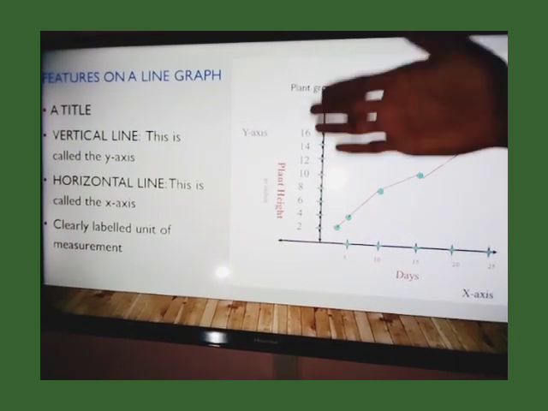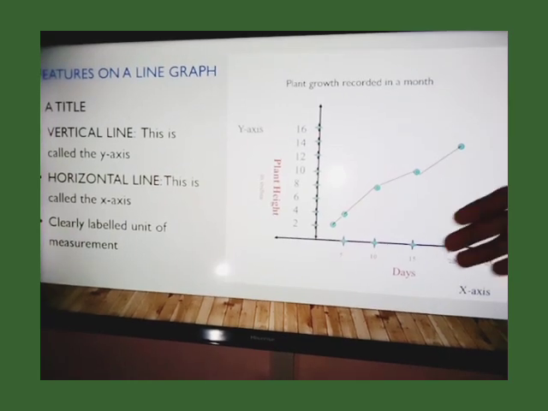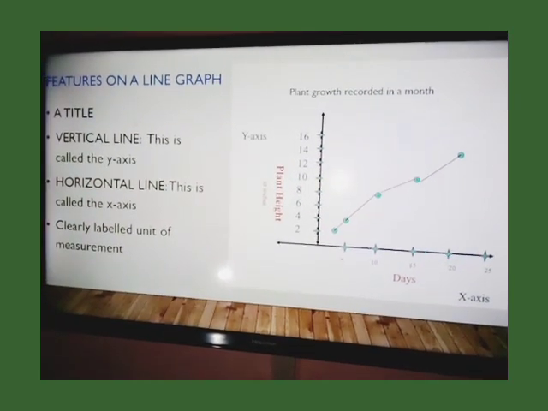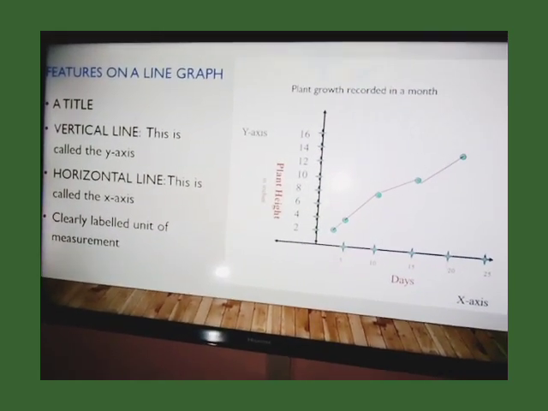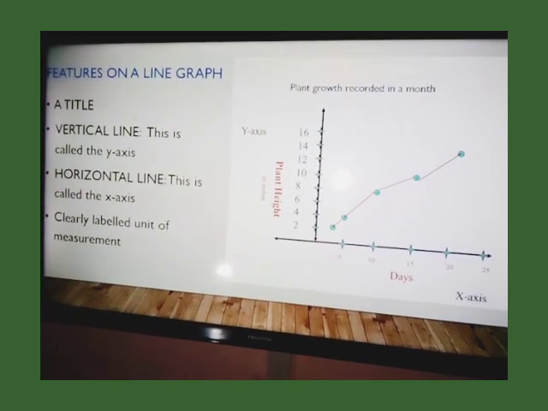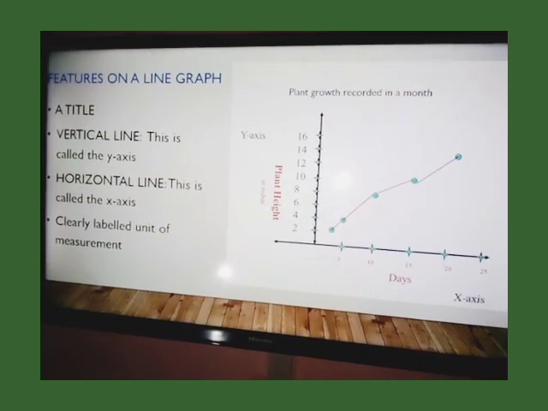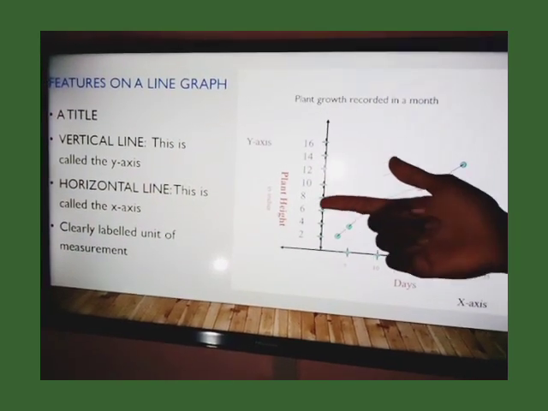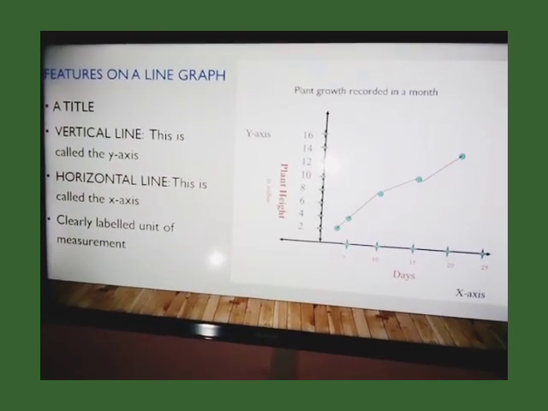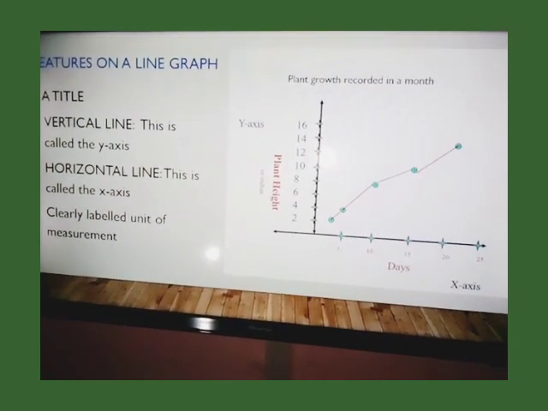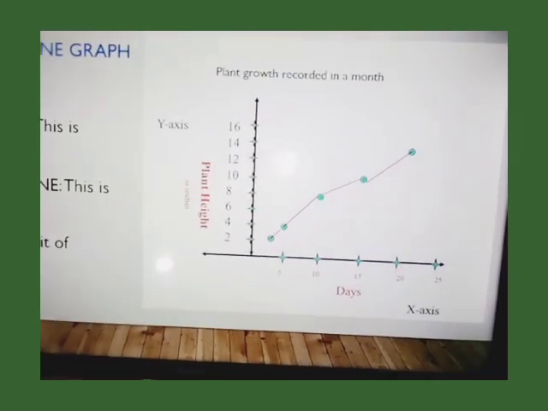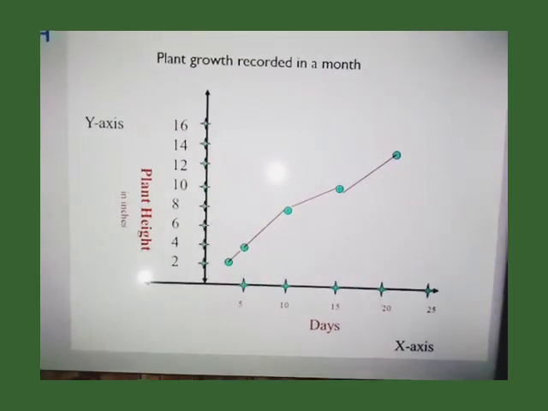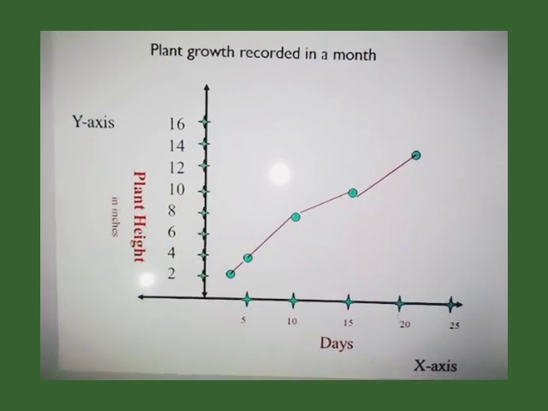And on the other part, you are also having the other variable there. For example, here we're talking about plant height. And this one also, you have to observe the standard unit of measuring, like height can be measured in inches as well as in centimeters, in meters. So these are some of the things that you need to focus on when you are drawing your graph.